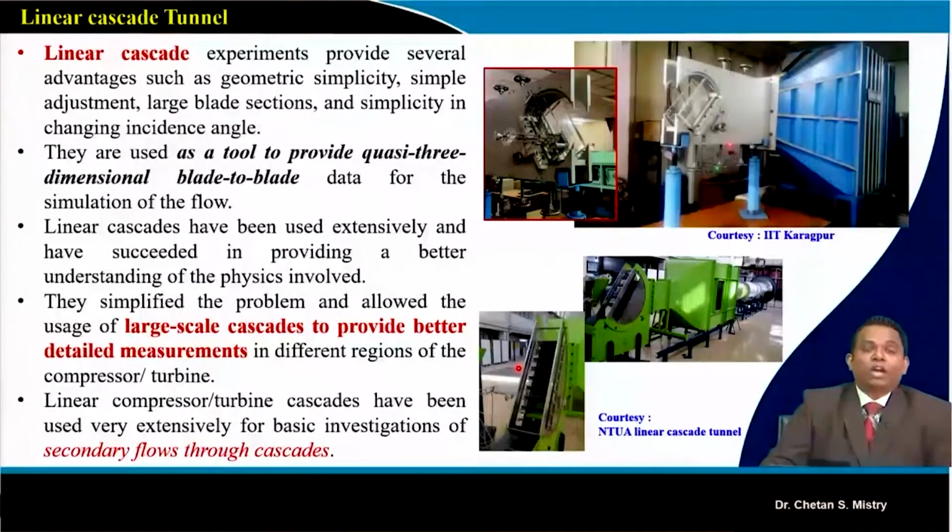Now, as we have discussed, on the suction surface of my compressor blade all three flow phenomena happen: laminar flow, transition flow and turbulent flow.